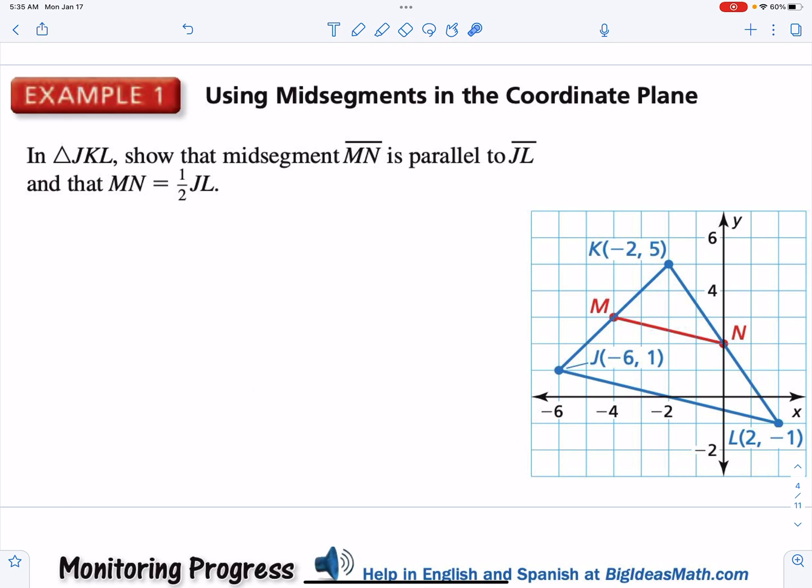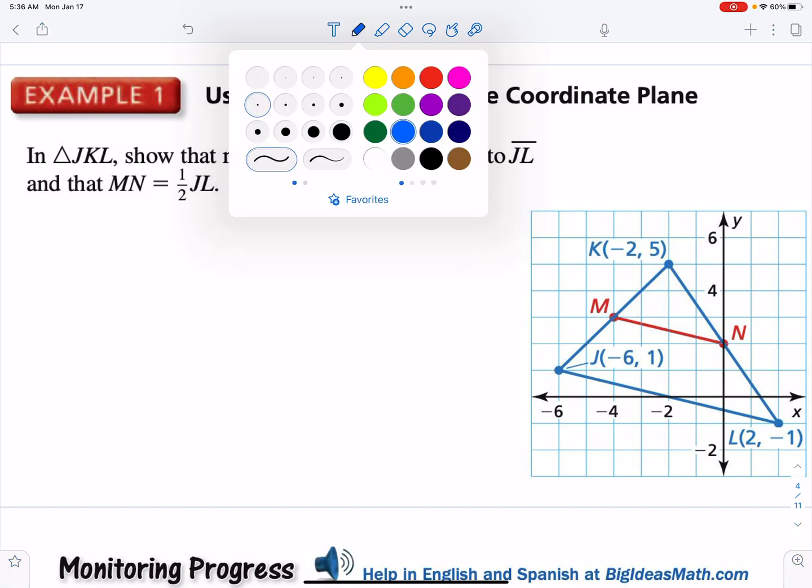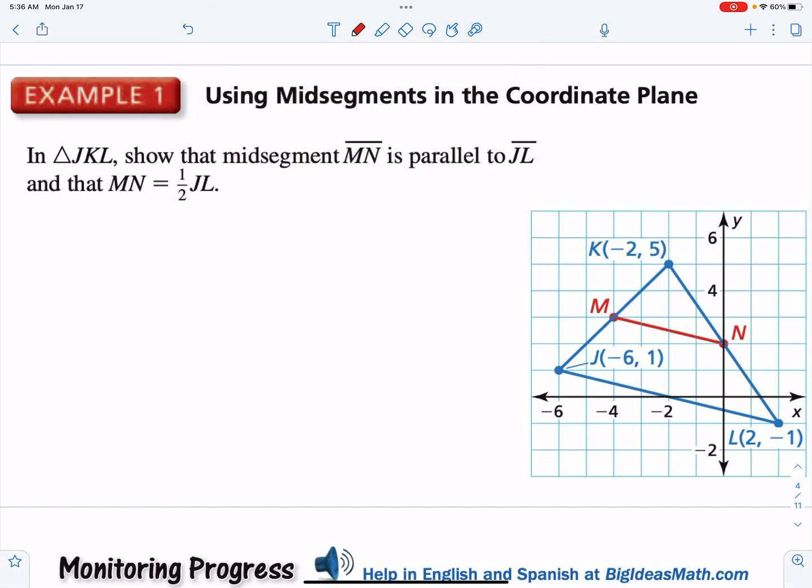In triangle JKL, show that the midsegment is parallel to JL and that MN is 1/2 JL. First we're going to prove that they're parallel by finding the slope. M, the coordinate point, looks like it's at -4, 3, and N is at 0, 2.